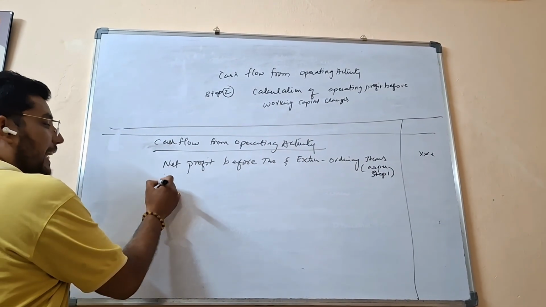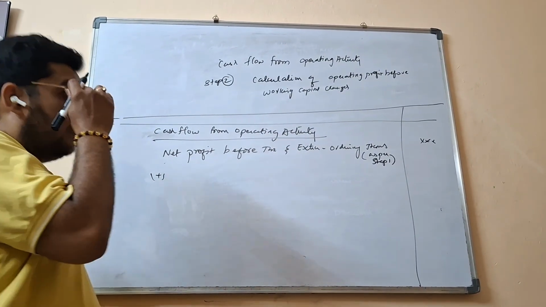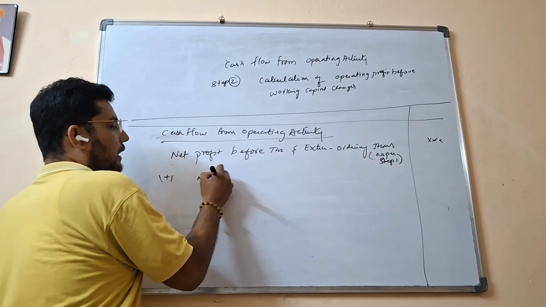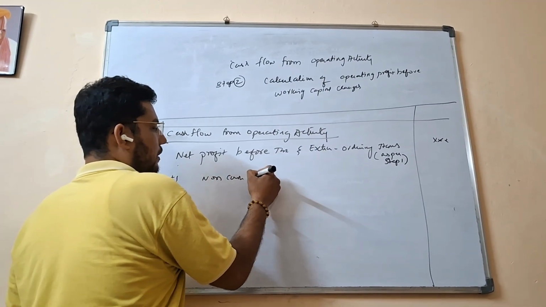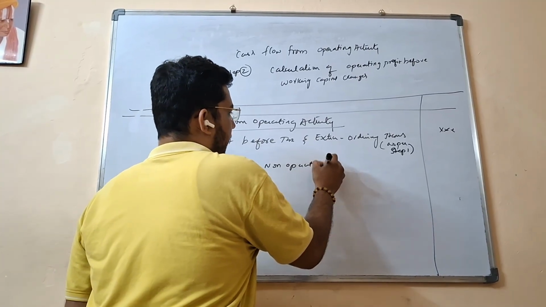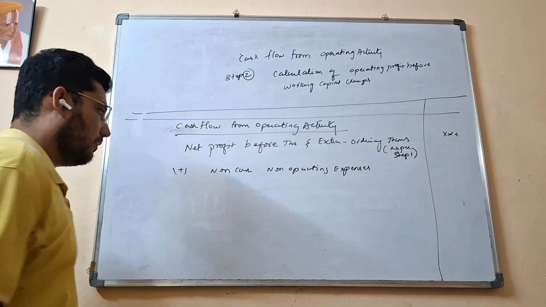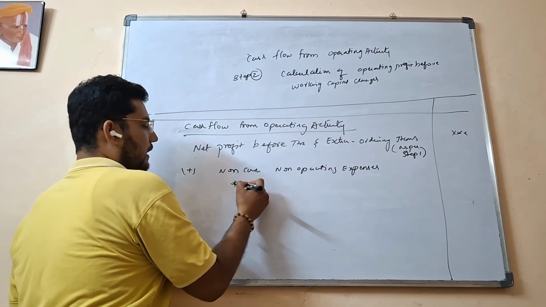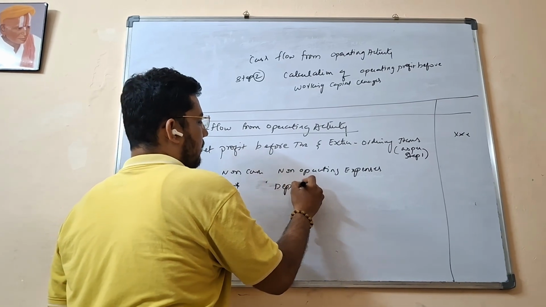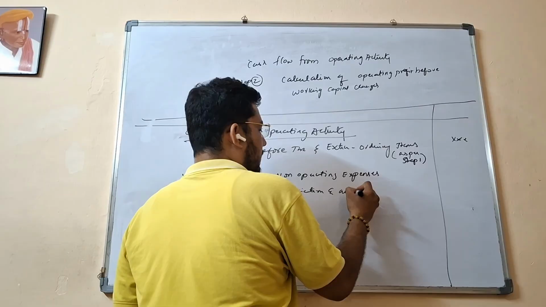Then we will add. Now step 2 starts with calculation of operating profit before working capital changes. That is, we are going to add non-cash, non-operating expenses. That is, we'll take depreciation and amortization.